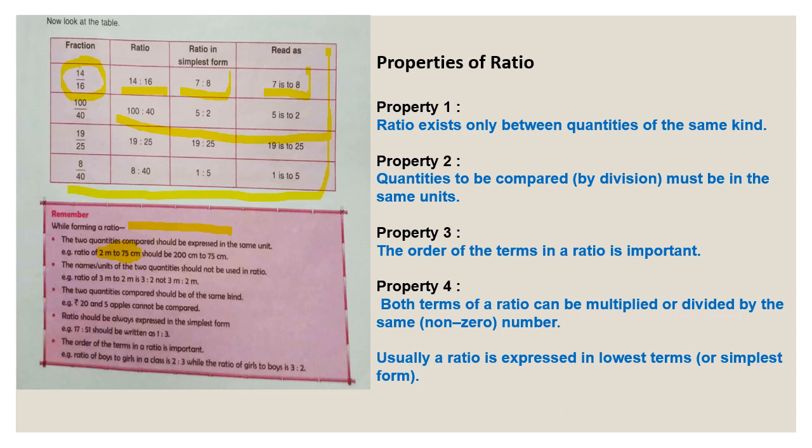So first you have to change the unit, either to centimeter, 200 centimeter to 75 centimeter, or you can change 75 into meter, so you get 2 meter to 0.75 meter. So condition number 1 is that the units of the given numbers must be the same.